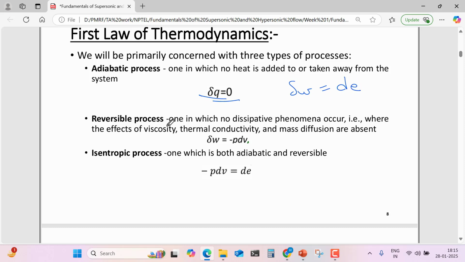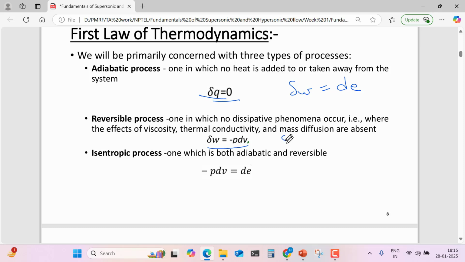And the reversible process is one in which there are no dissipative phenomena. These phenomena are due to viscosity, thermal conductivity, and mass diffusion. There is loss of energy generally due to that. So it can be shown that the work done in a reversible process is del W equal to minus P dV.